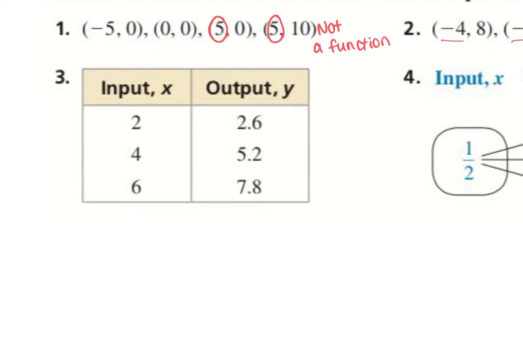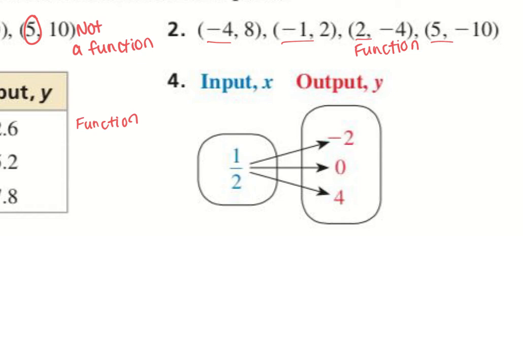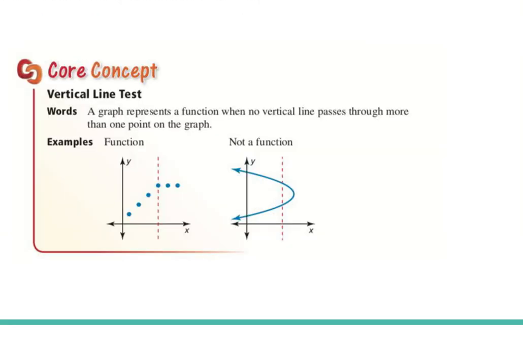In the third one, we can say that this is a function because 2, 4, and 6 are all different values. And in the fourth one, we would say this is not a function because 1/2 is the only input and it's being used for 3 different outputs, okay? So 1/2 is being used more than once as an input.